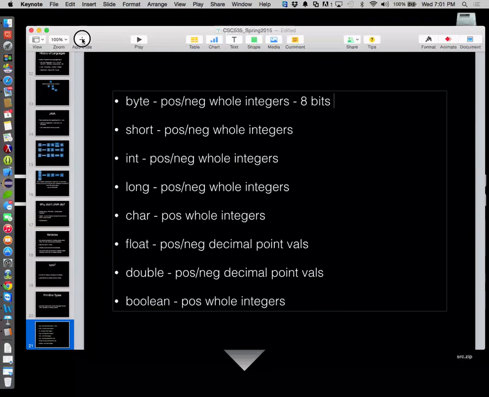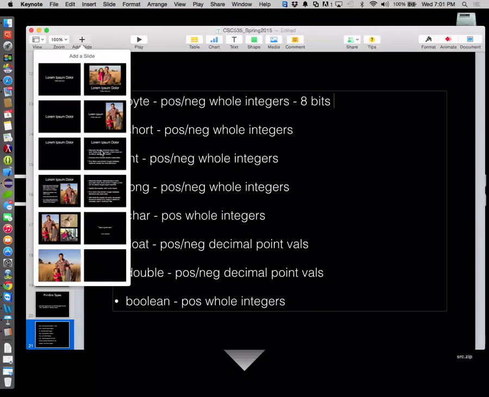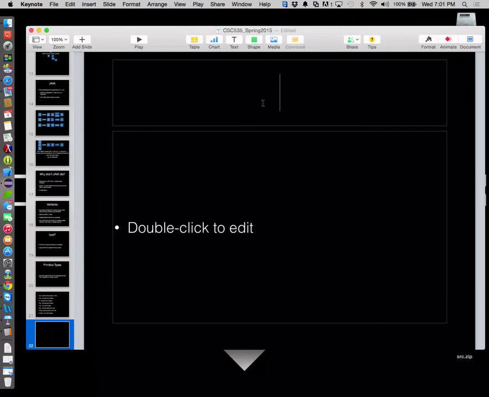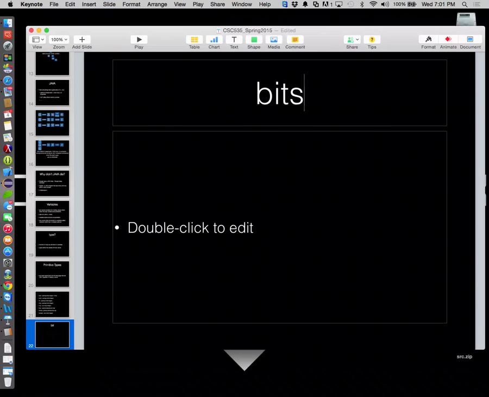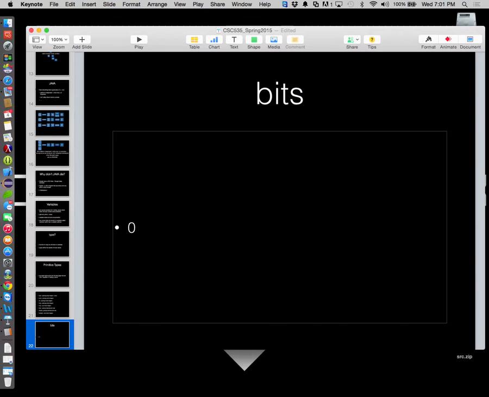And just to jump onto a second slide here, just to show you this. Bits are zeros and ones. That's what a bit is, right? A byte is 8 bits. Now, an 8-bit number is a binary number.